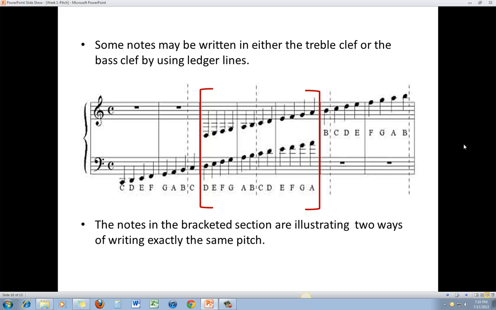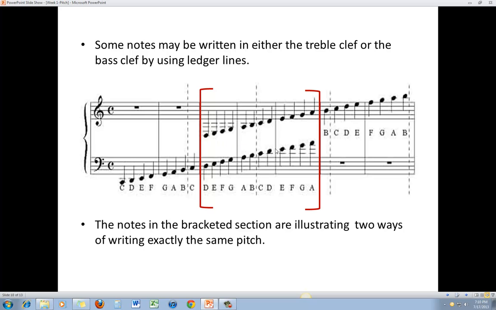Now, back to ledger lines. By using ledger lines below the treble clef staff and above the bass clef staff, it is possible to write certain notes in two different ways. And the notes within this bracket are doing just that.